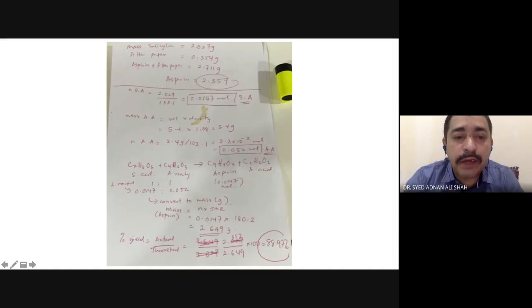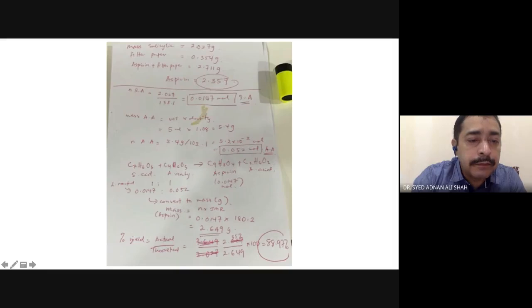The formula of the percentage yield is, as you can see here, the actual mass of the aspirin divided by the theoretical mass of the aspirin, and then multiplied by 100, and you get the percentage yield of aspirin. In percentage you have to multiply by 100. Here the 100 is missing, right?